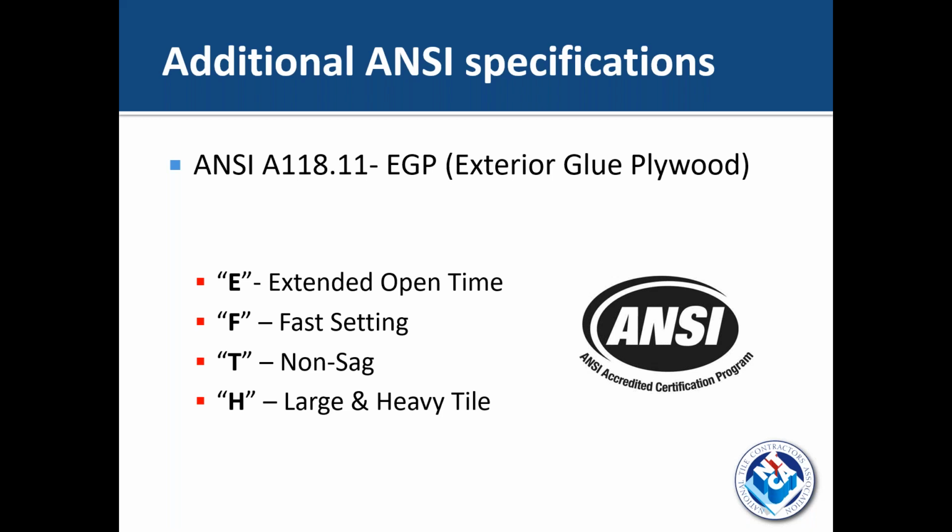T means the product is non-sag, and H is the newest one of these, which came out a couple of years ago, and that is specifically for large and heavy tile. So again, these are descriptors that you will see used with the specific ANSI standard, and there are test standards for each one of these as well.